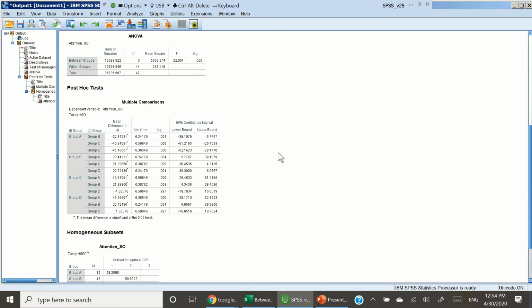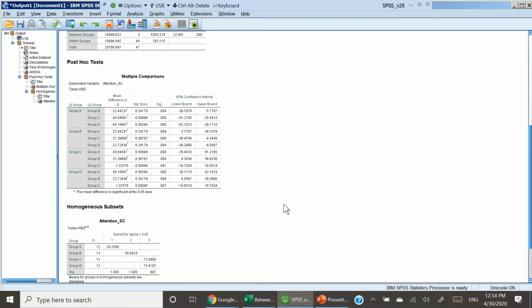We saw that the only thing that was significantly different is between group C and group D. Everything I'm seeing here is less than 0.05, and this one should be C versus D. Is it C versus D? That is correct. And this one should also be C versus D. Yes, this is group D compared to group C, so it should give you exactly the same number. The same results. So that's the second way to do it.